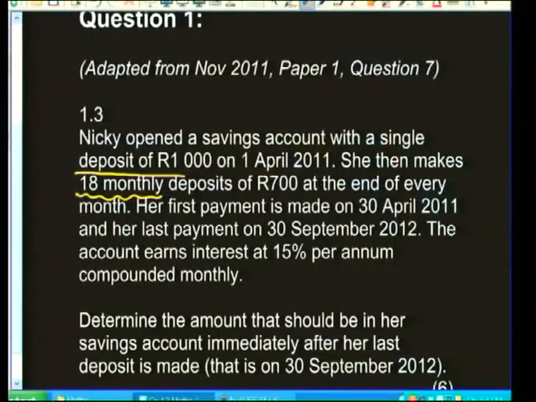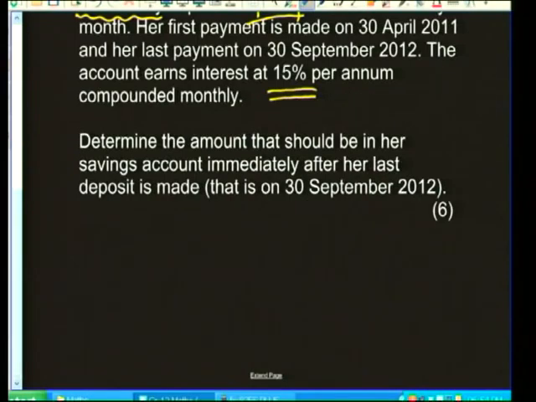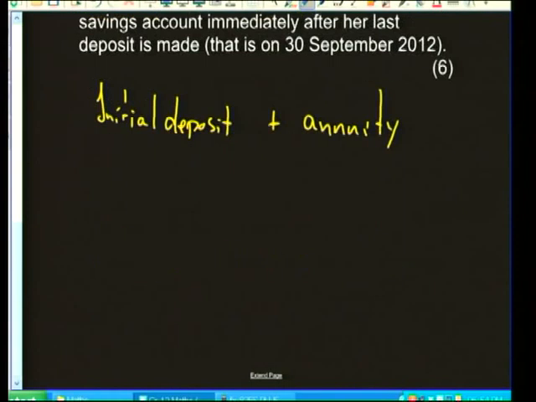Let's have a look. She's making 18 monthly deposits of 700 Rand each. She's earning 15%. Okay, let's write this up. Well, we're going to have the initial deposit, and that is going to be added to the annuity.